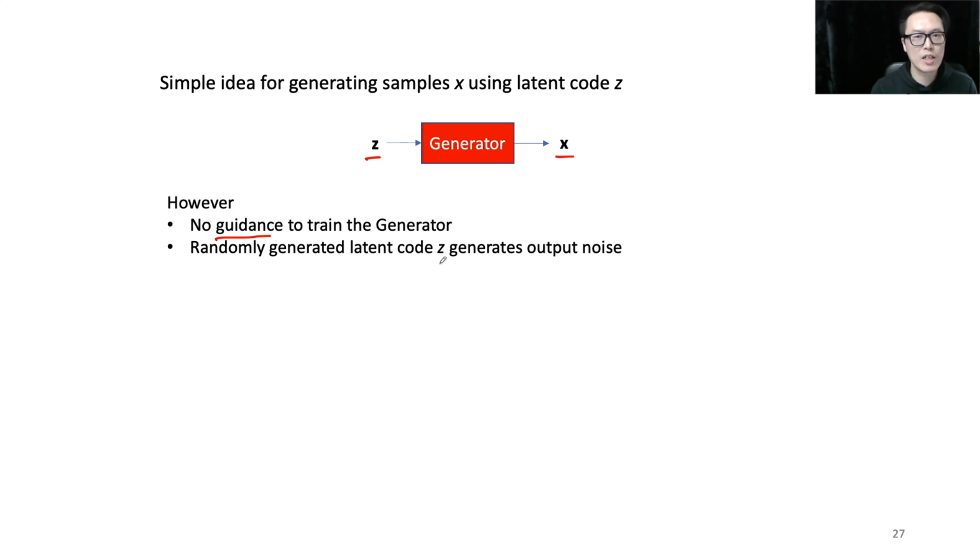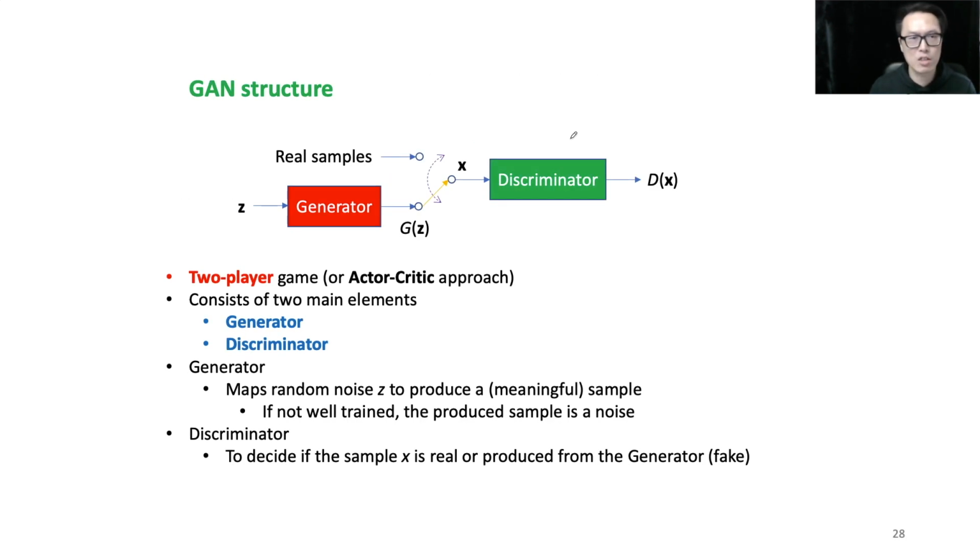And another issue is that if the generator doesn't work, a random noise will generate a random noise. That means we need to improve this idea to make sense of the whole structure of the GAN so that it is able to generate some new samples using random noise. Okay, this is the idea.